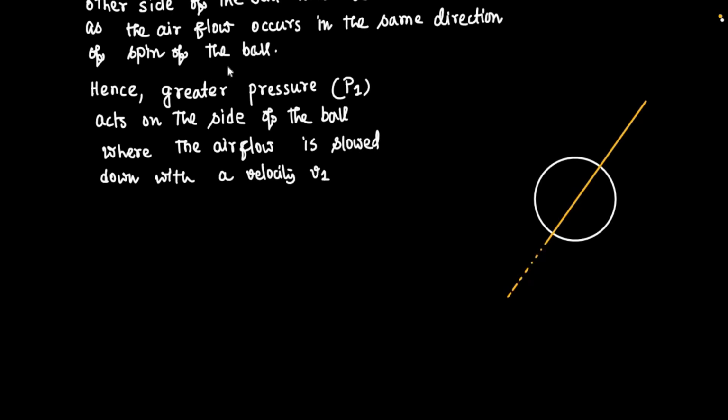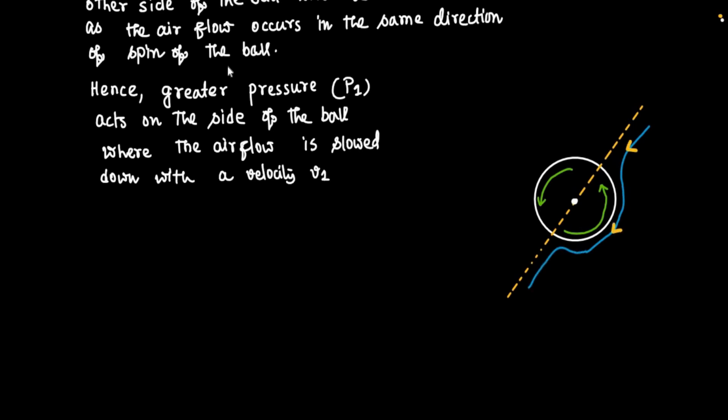We can draw the diagram again. This is the actual trajectory or straight line path along which the football was trying to travel in air or fluid, and the football spins about its own axis in horizontal plane anti-clockwise in this direction. Air is flowing in the backward direction.